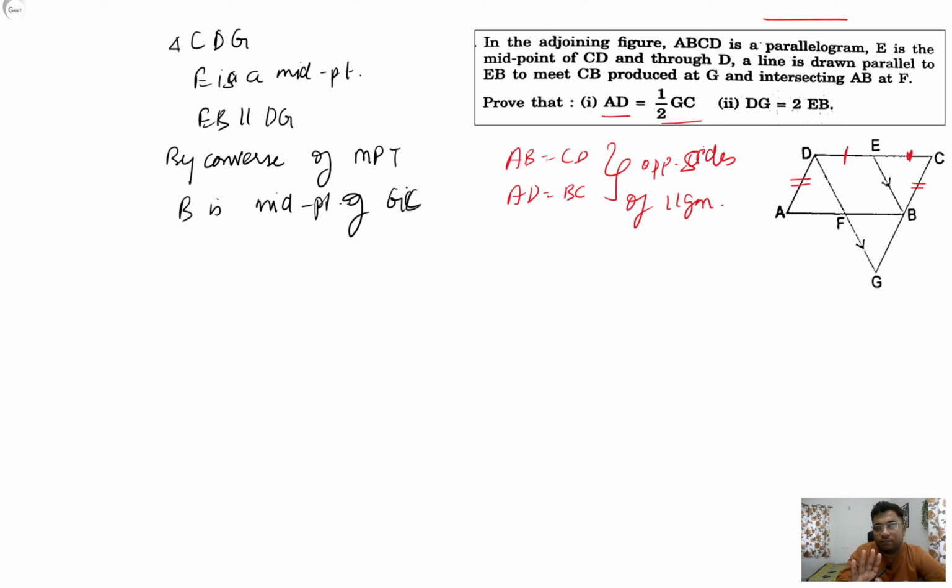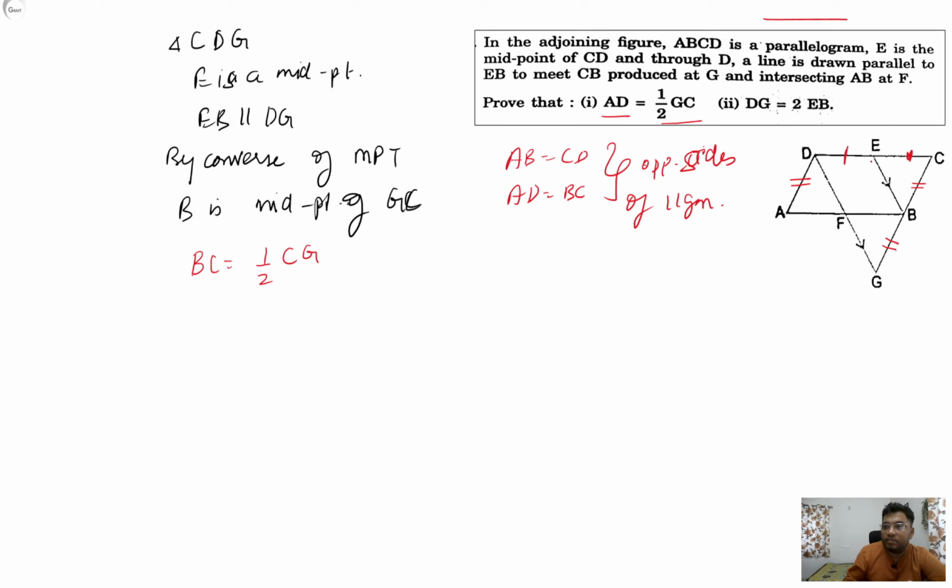I'm just using converse of midpoint theorem, good old fashioned converse of midpoint theorem. Okay. Now, if B becomes the midpoint of GC, that means this BC is actually equal to BG as well, right? So I can say that BC is equal to half of CG.